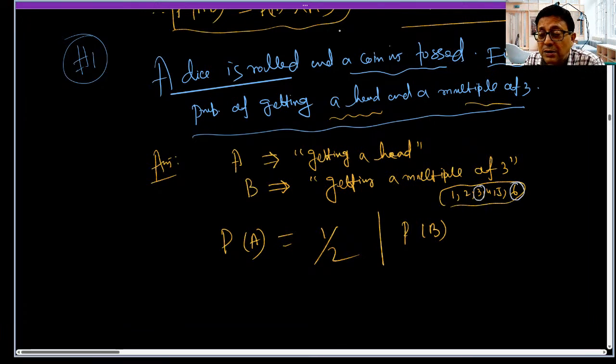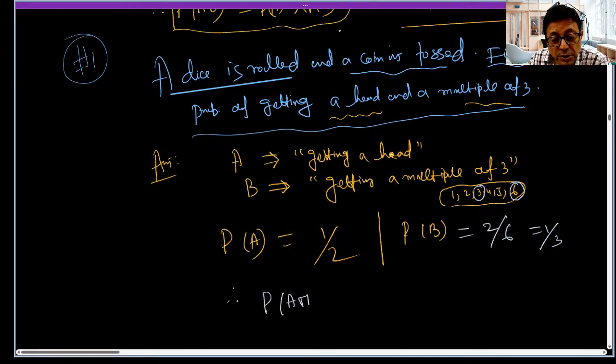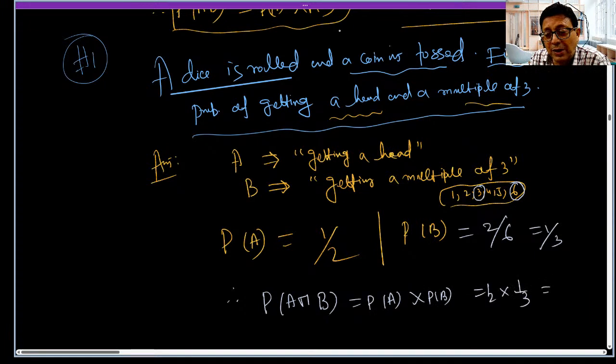So P(B) will be what? 2 by 6, this is 1/3. So joint occurrence of the two will be P(A) into P(B), 1 by 2 into 1/3. Hope you have understood. This is the case of independent events, given by P(A intersection B) equal to P(A) into P(B), that is 1 by 6.